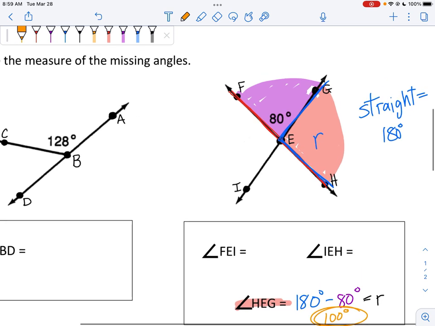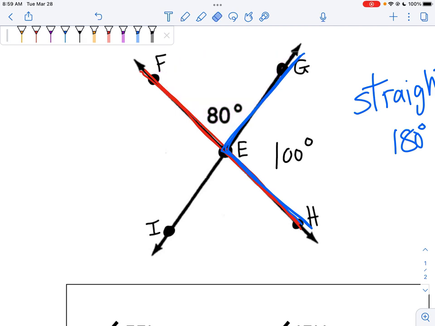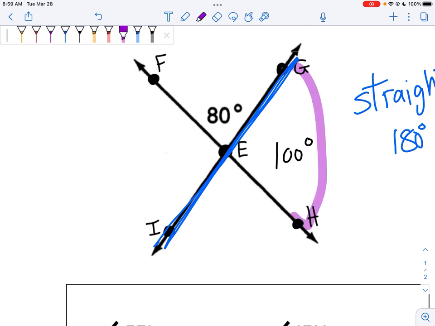So then, if we know that this is 100 degrees, then I'm going to write 100 degrees here, right? And then I can look for another straight line, like say this one. And I can see that there are two angle chunks here. Here's one, we just solved for that one, that's 100 degrees.